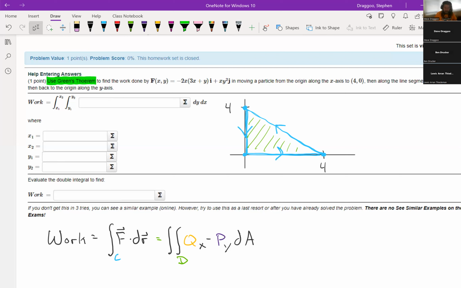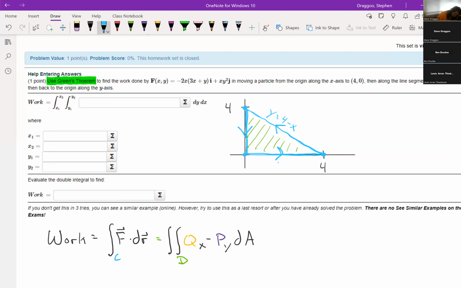In order to do that, I'm going to need an equation for each of my bounds. So this diagonal line up here, y equals 4 minus x. If I'm going from (0, 4) to (4, 0), or the reverse, just get the equation of a line that contains those two points, I believe you'll find y equals 4 minus x.